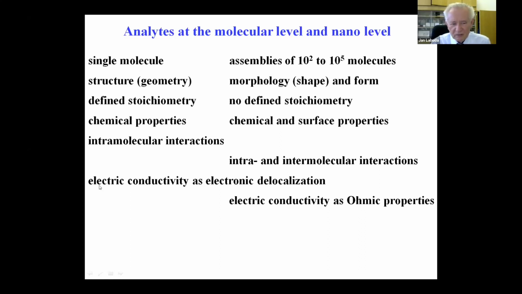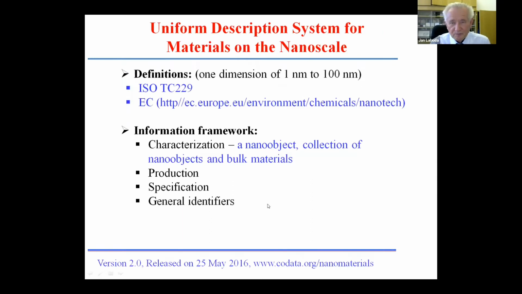Also, such properties as electric conductivity and some others connected with electron delocalization within the single molecule, in the case of nanomaterials and nanoparticles, the ohmic properties represent the dominant background for electric conductivity and other physical properties.